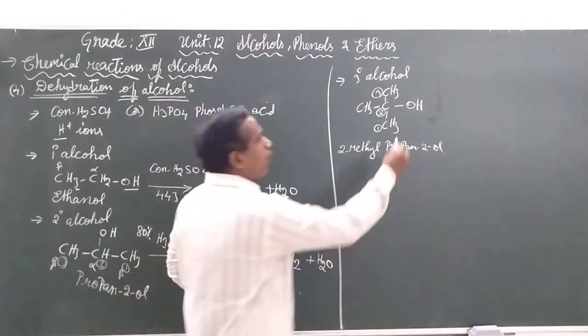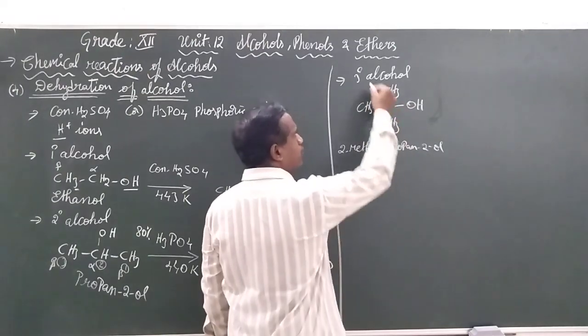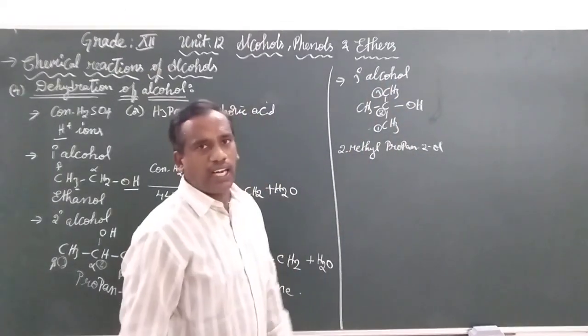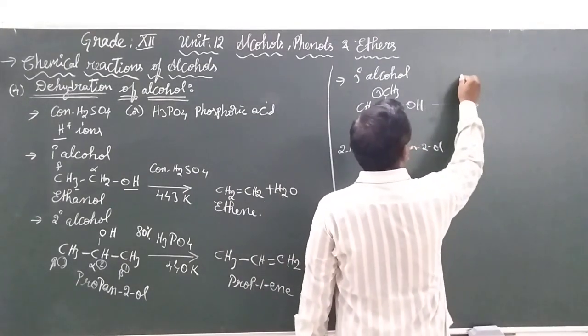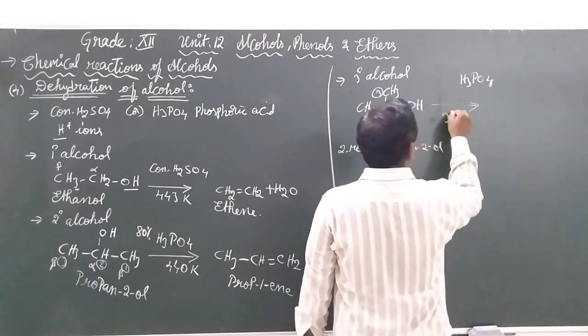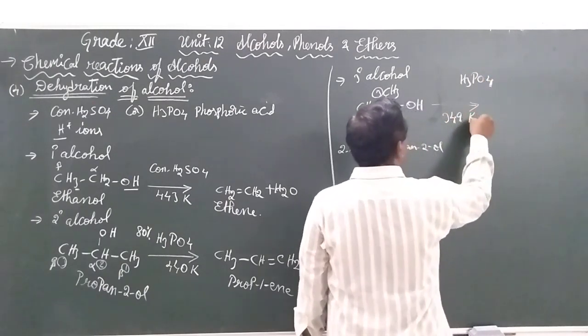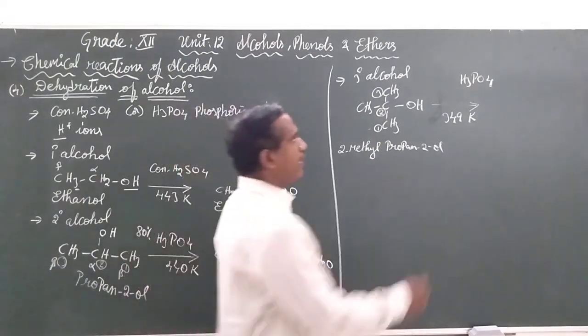Here the OH bonded carbon has 3 alkyl groups and it is a tertiary alcohol. In the case of tertiary alcohol, we are using the same phosphoric acid but at a very low temperature than expected, only 349 Kelvin.